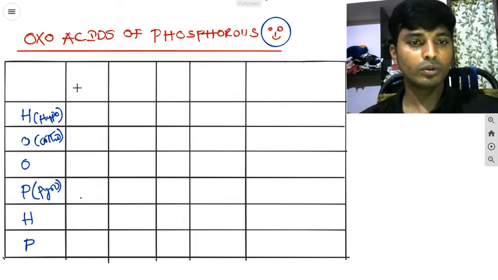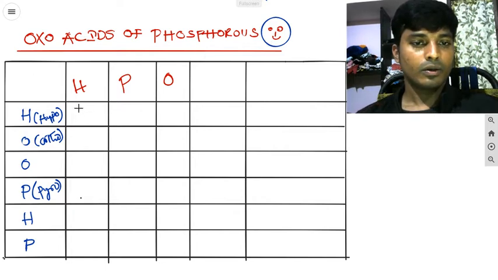Now what you have to do here: hydrogens we will take first, the number of hydrogens. In the second, phosphorus, and third, oxygen. How many hydrogens have to be there? First 3, 3, 3, and next 4, 4, 4.